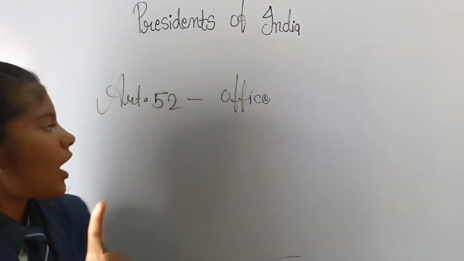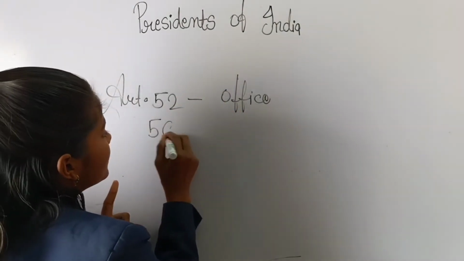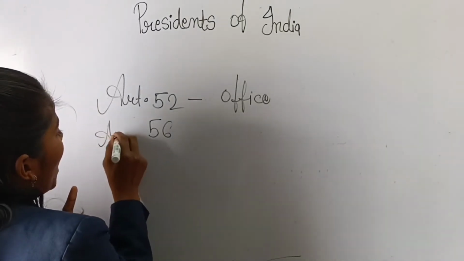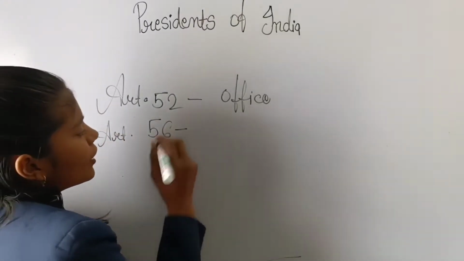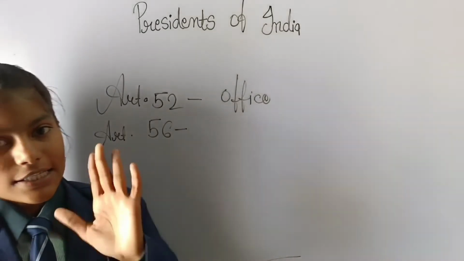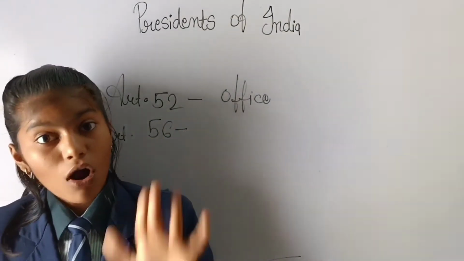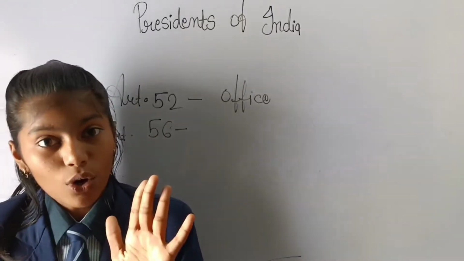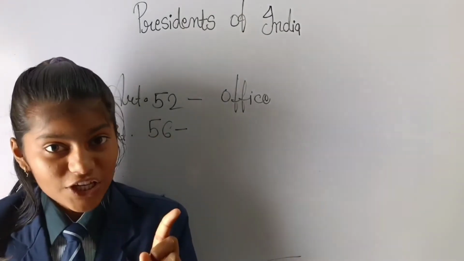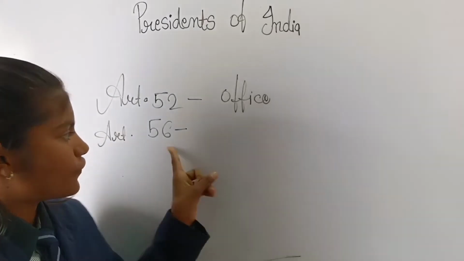The second important article is Article 56. What does Article 56 say? As we know, the President has a tenure of 5 years, and this tenure of 5 years is granted by Article 56.